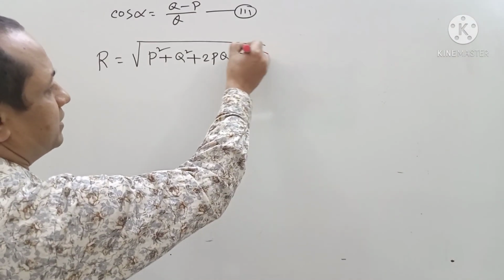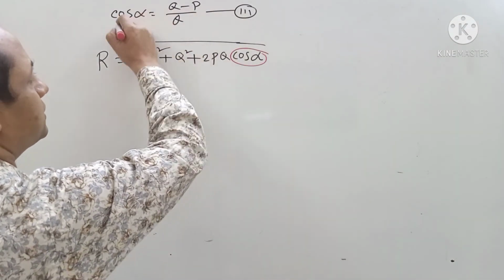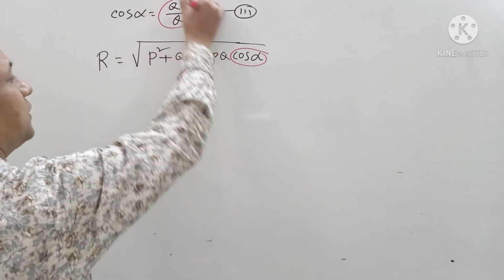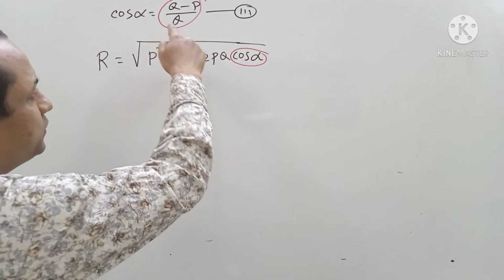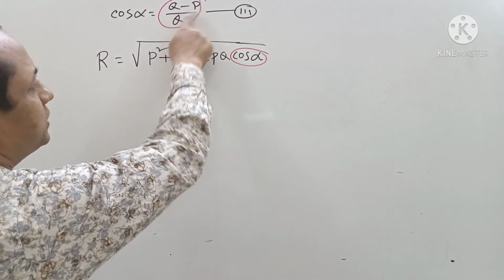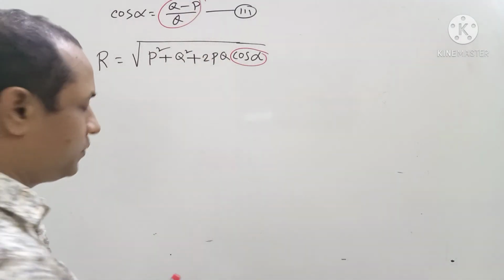Now putting the value of cos alpha from equation 3, cos alpha equals Q minus P by Q.